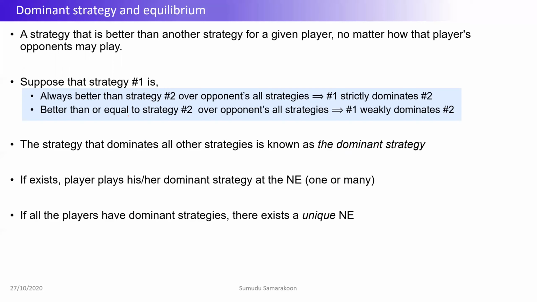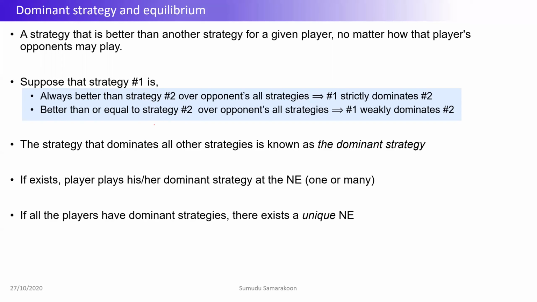So there are two kinds of definition. If strategy 1 is always better than strategy 2, disregarding whatever the opponent's strategy is, we say strategy 1 dominates strategy 2, right?